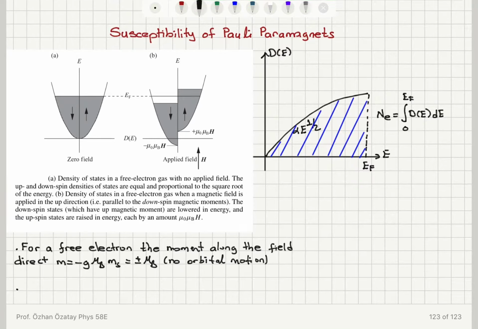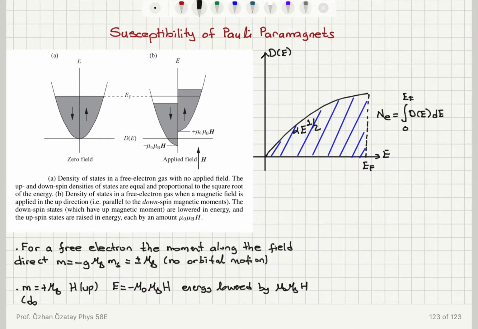If the magnetic moment along the field direction is plus a Bohr magneton and the magnetic field is up, then this causes an energy of minus mu 0 mu B H. So the energy of the up moments will be lowered by mu 0 mu B H. So for up moments, which means down spins, we are talking about m is plus Bohr magneton.